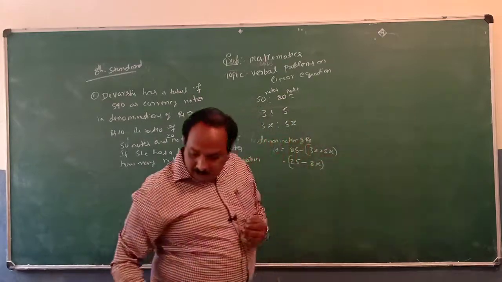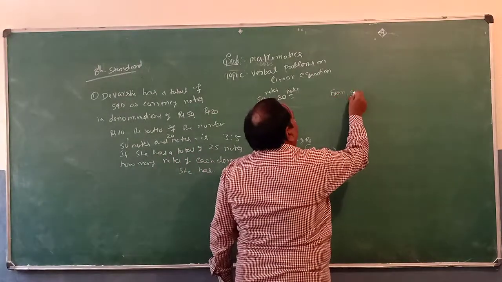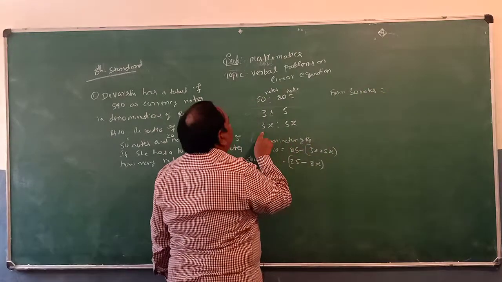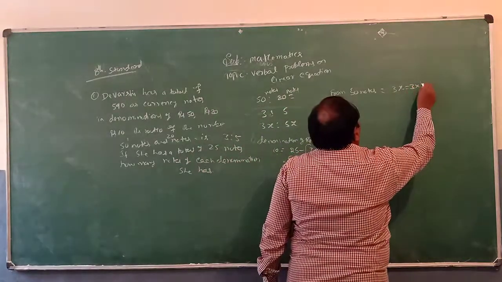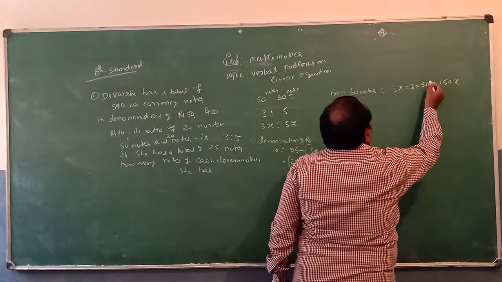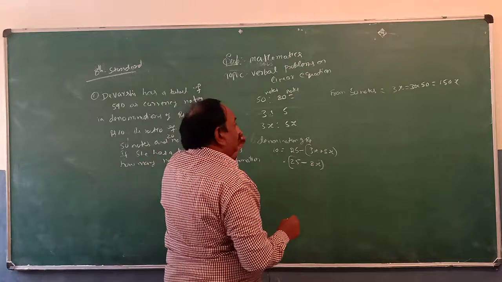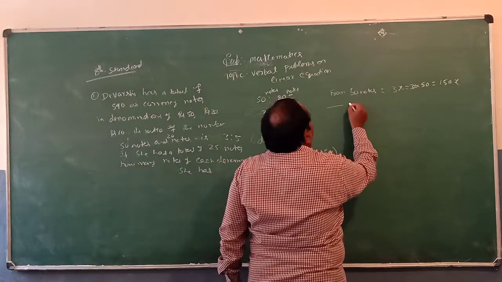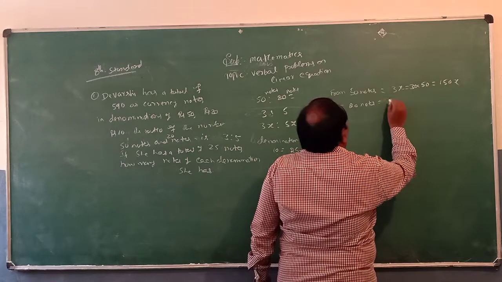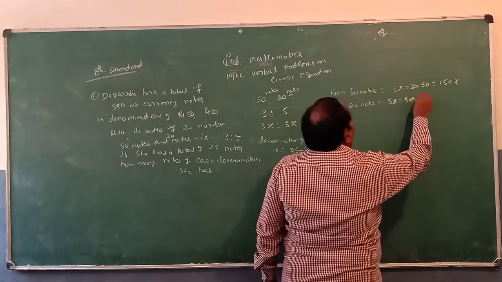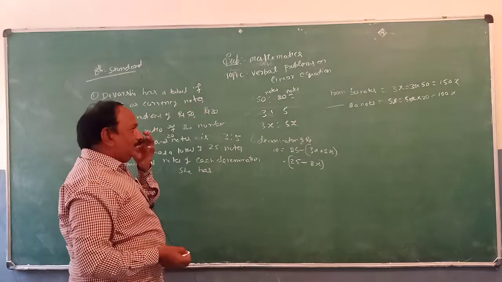Let the number of notes be x. How much from 50 notes? 3x into 50. 3 fifties are 150x. 20 notes is 5x, and 5x into 20, 5 twenties are 100x.